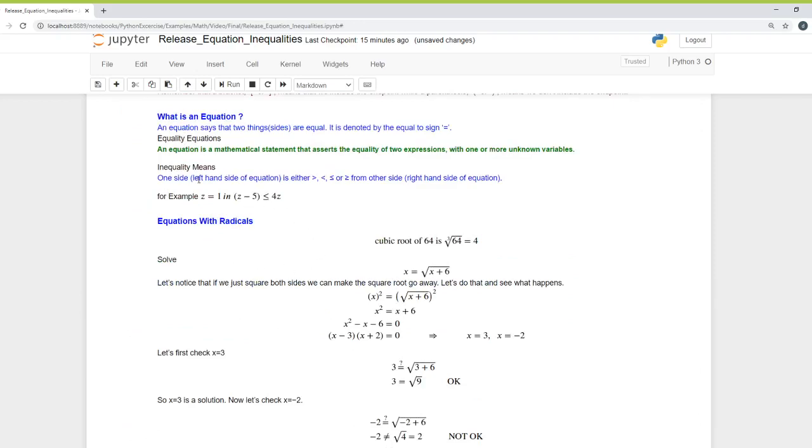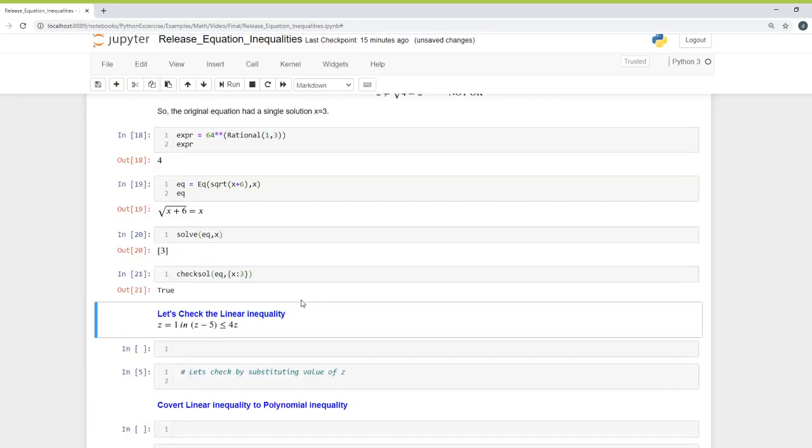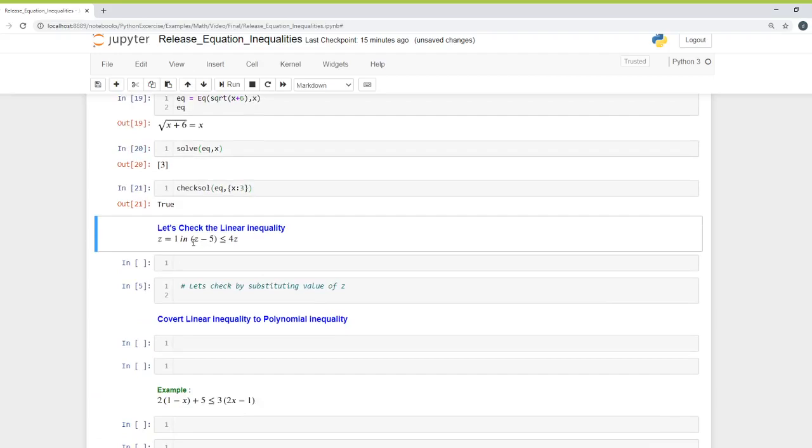The next topic is inequality. Inequality says that one side is either greater than, less than, or equal to the other side, that is, the left hand side and the right hand side. Here z minus 5 is our left hand side, that is less than or equal to 4z. When you put the value 1, you will get the true answer. Let's check it.